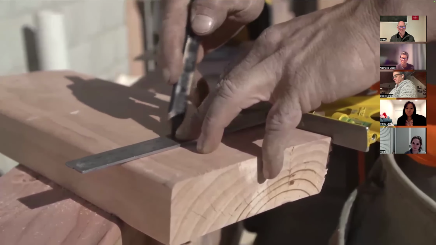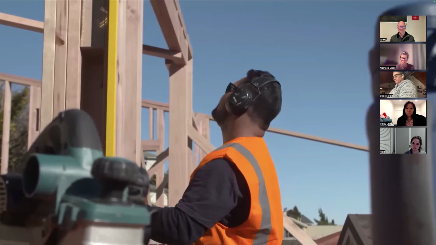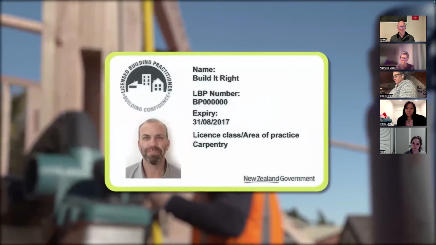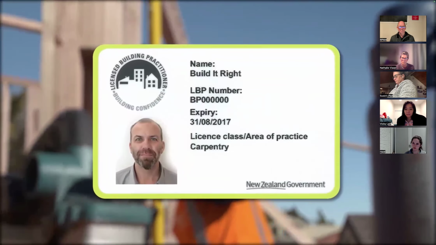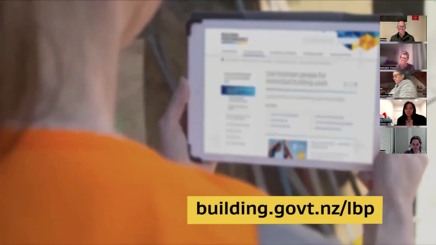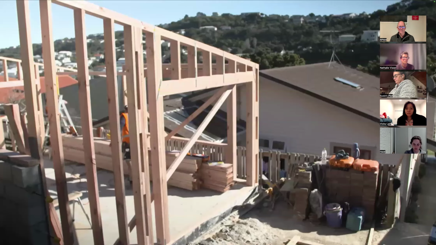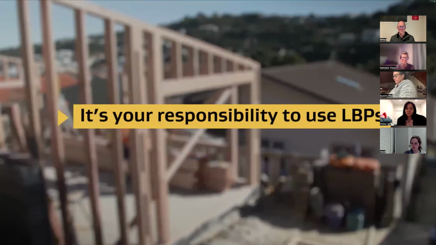You can check if the people you have are LBPs by asking to see their LBP ID card, which looks like this. And visit our website, building.govt.nz/LBP to find out more and see if they're on the LBP register. Remember, it's your responsibility to ensure you use LBPs when you need to.